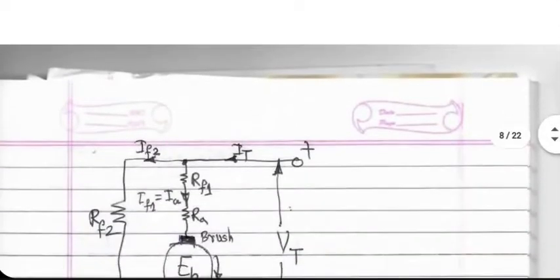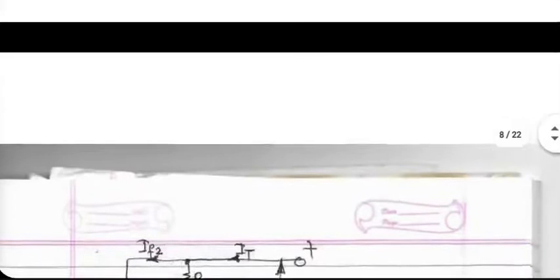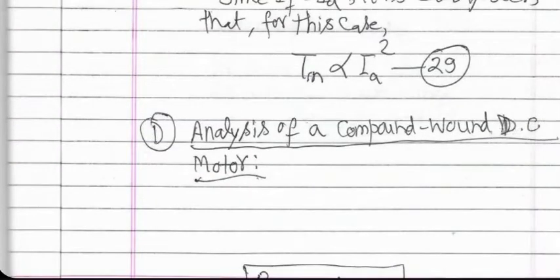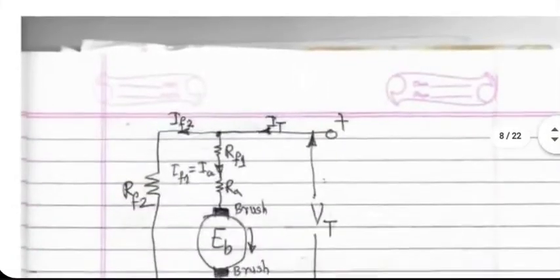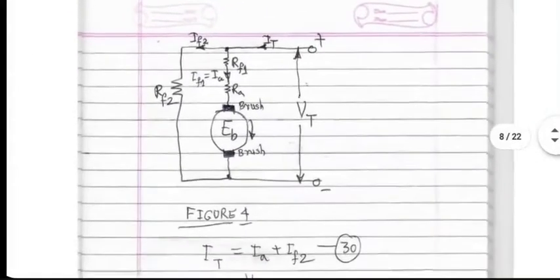So this extra flexibility is what you get if you use compounding instead of shunt or series winding. You can control the nature of characteristic of torque versus IA by changing RF1 to RF2 ratio. This flexibility is highly valued in real life. That's why compounded motors are very commonly used.